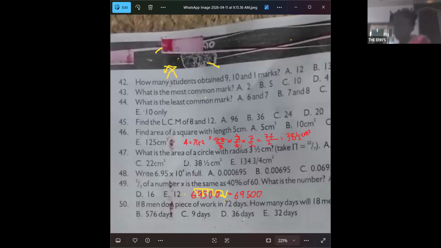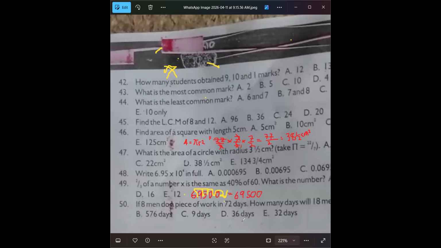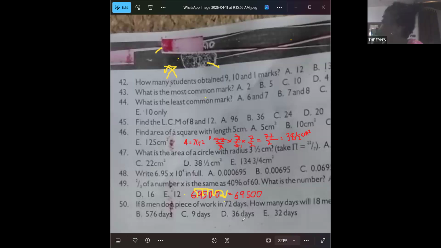Faith is almost done. Faith, bring my counting jota for me. Can you bring my counting jota that you took?